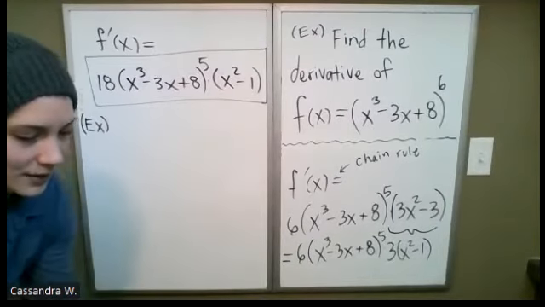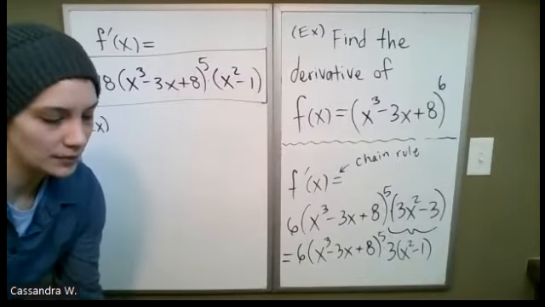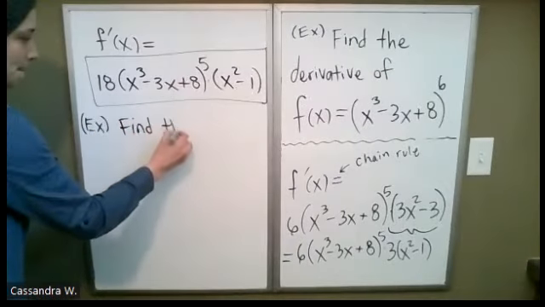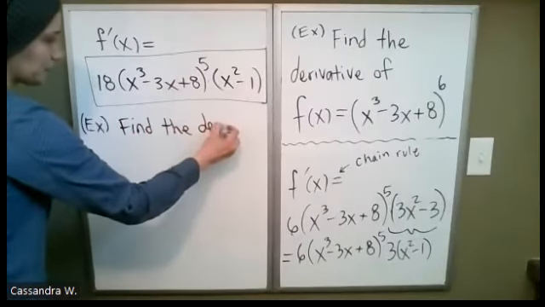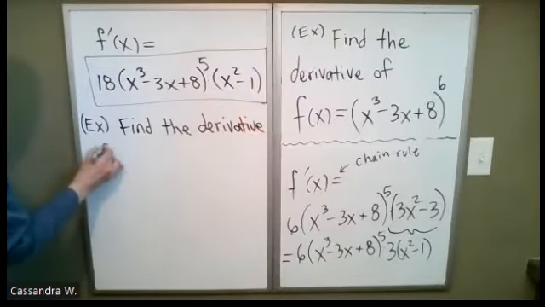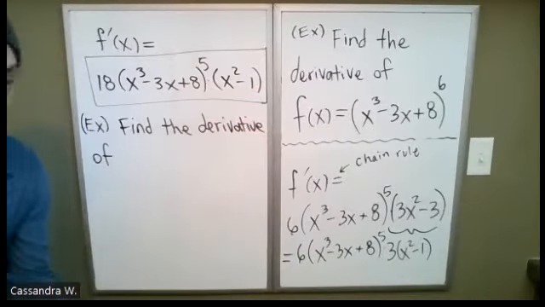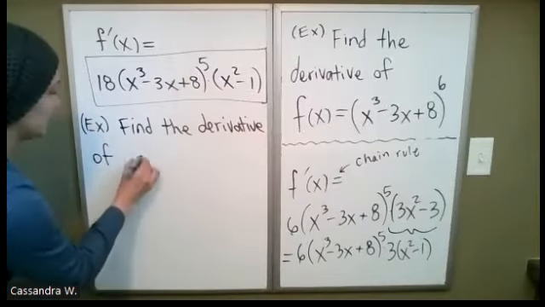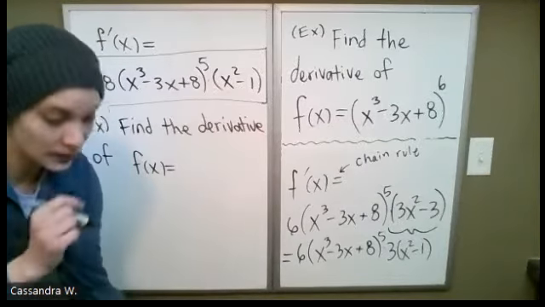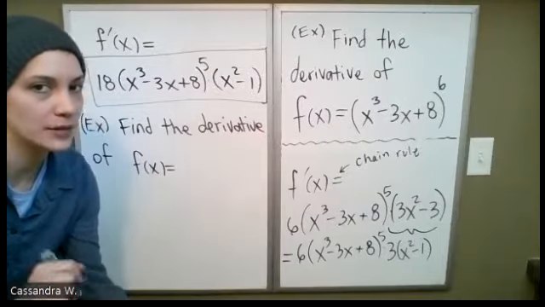Here we go. Find the derivative of f of x equal to cosine of tangent of x to the fourth.